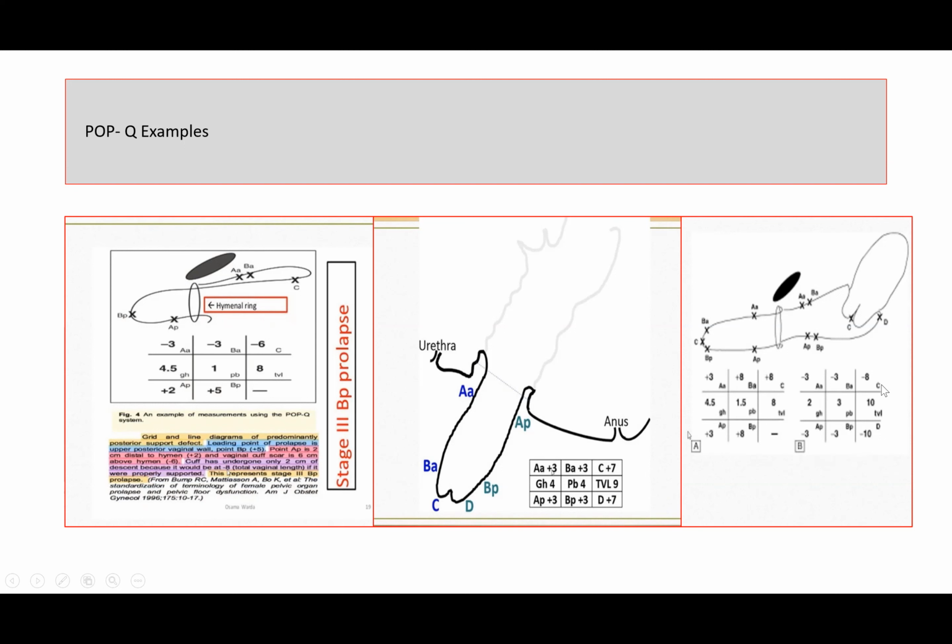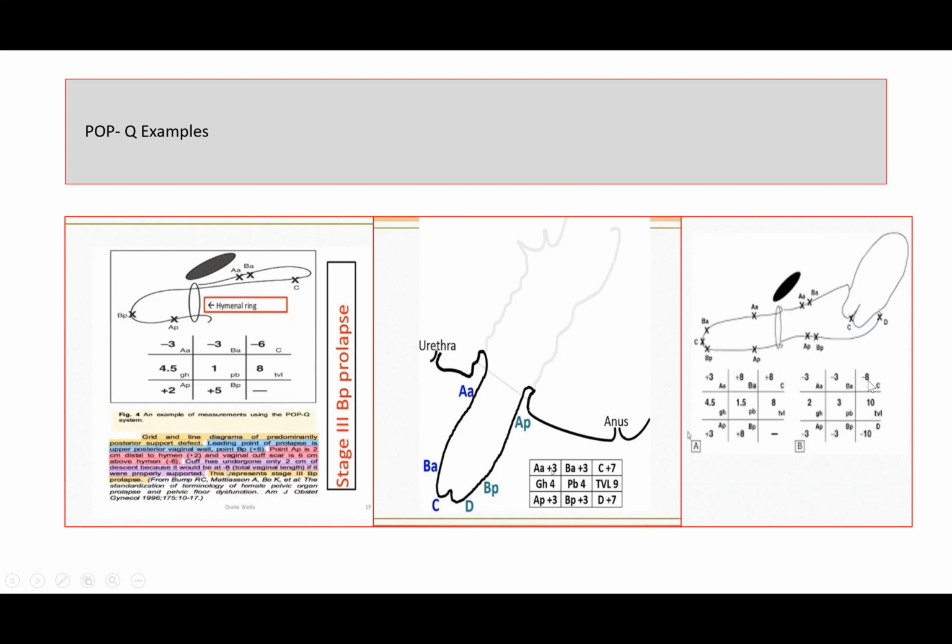When we look at this grid, it is normal, isn't it? Because in a non-prolapsed uterus, all the values will be AA, BA will be minus 3, AP and BP will be minus 3. They're all above the hymen, okay? So it is minus 3 centimeter.